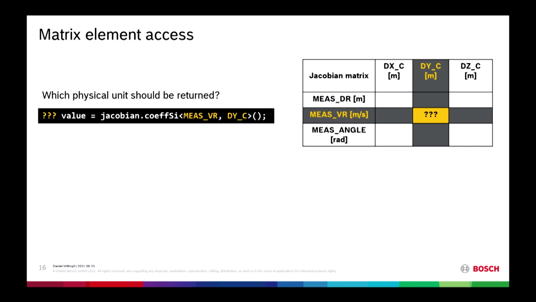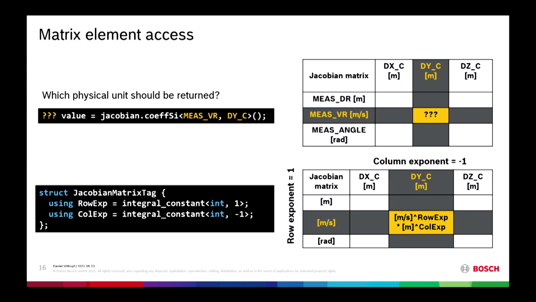So it's the derivative of the row with respect to the column. And I said you can approximate it with a difference quotient, the derivative. So you divide the row unit by the column unit. And there's actually a general rule that applies for all different matrices if we introduce the notion of a row exponent and a column exponent. So for Jacobian, the row exponent would be 1, and the column exponent would be -1.